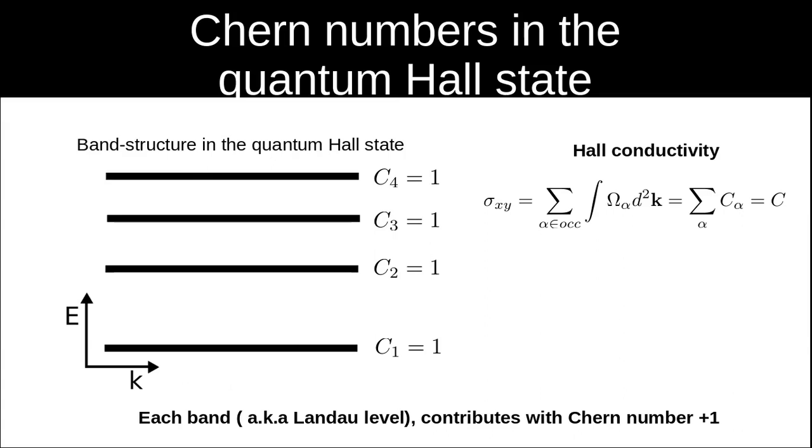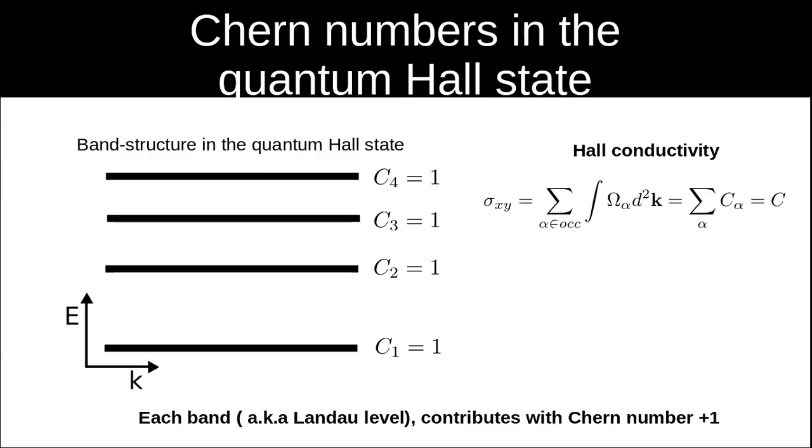What we will see is that we essentially have an electronic structure that consists of flat bands, so bands that have no dispersion whatsoever, and we have different sets of states, for, let's say, the first Landau level, the second Landau level, the third Landau level, and so forth. The most important point of these flat bands is that they are actually topologically non-trivial, meaning that if you compute the Chern number of a flat band, you get that the flat band has Chern number 1.